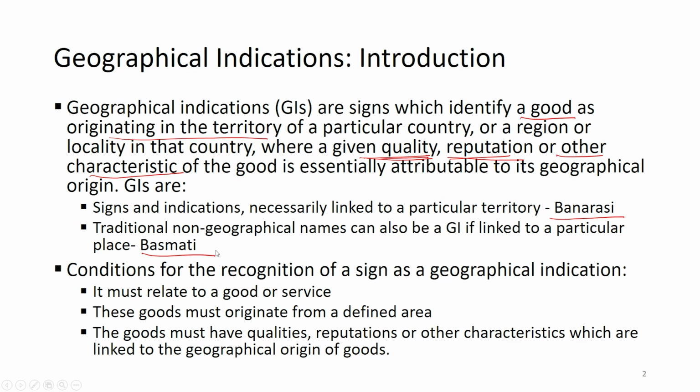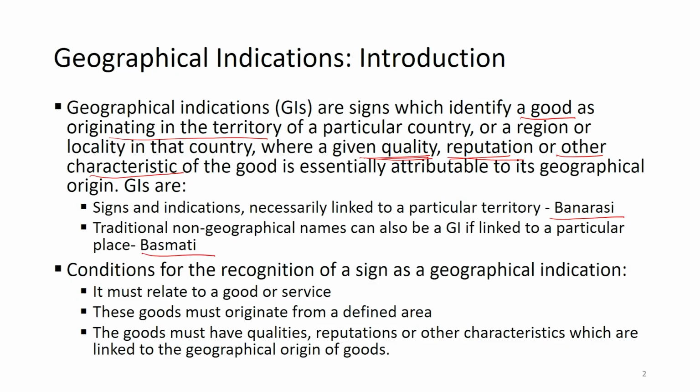The term basmati, of course, we all know is not a geographical place on earth, but this is related to a particular geographical region, the Tarai region of Himalaya, maybe Dehradun region near that place. So, it is not that GI will always be a geographical name. Even non-geographical names can also be GI if those names are linked to a particular place.